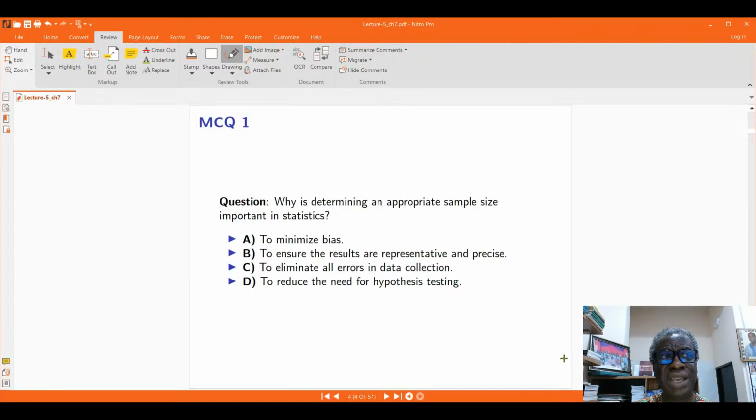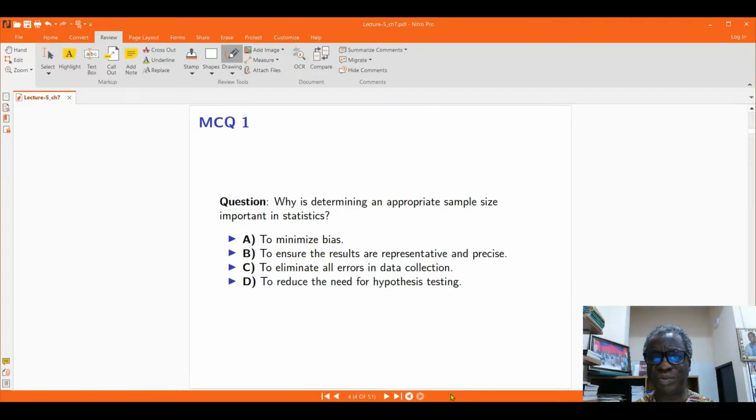A, to minimize bias. B, to ensure the results are representative and precise. C, to eliminate all errors in data collection. D, to reduce the need for hypothesis testing.